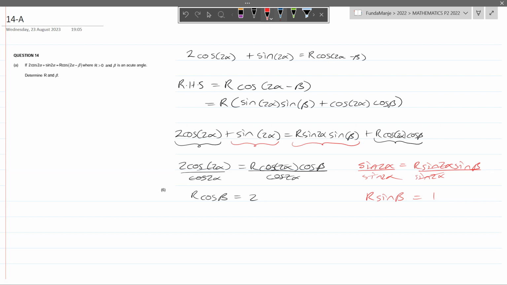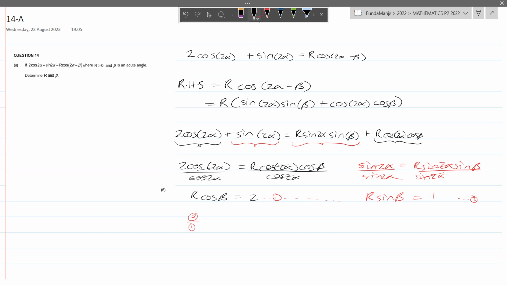And then what we can do is, since we have these two equations we need to solve, we can divide cos into sin. So if we have this as equation 2 and this is equation 1, then we can say equation 2 divided by equation 1.